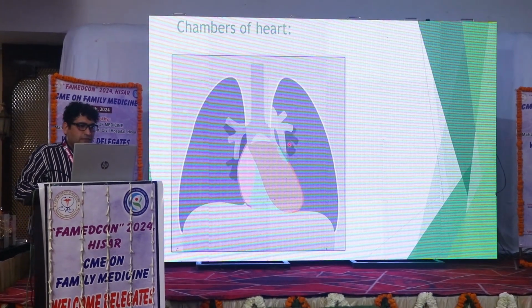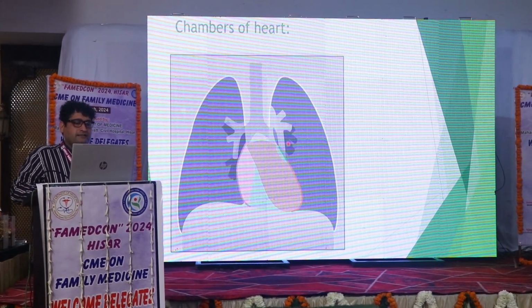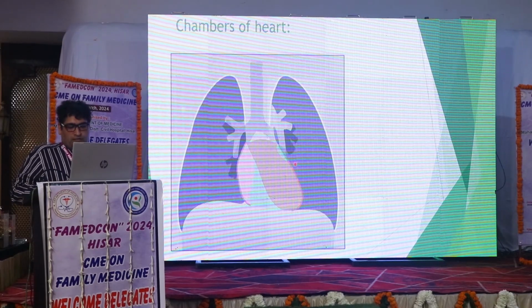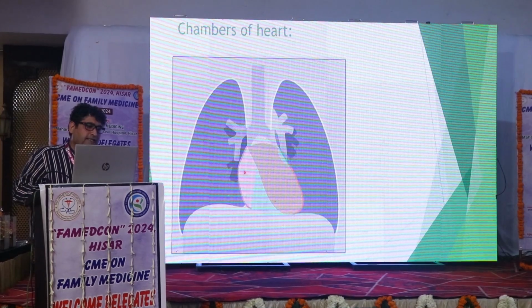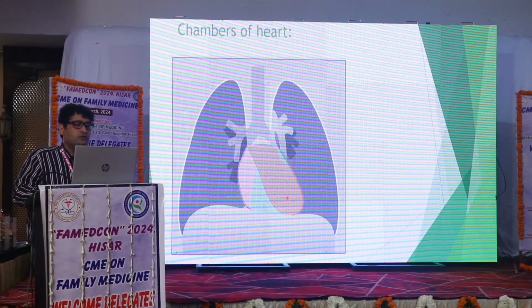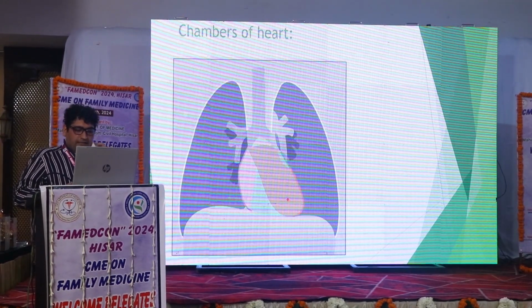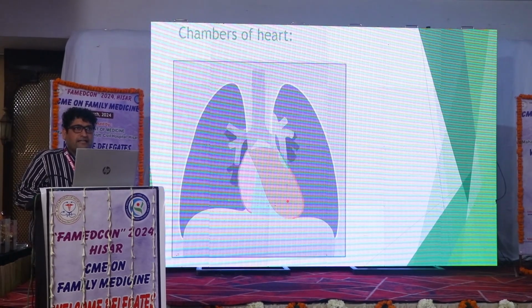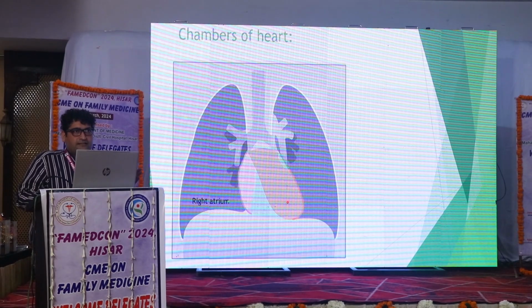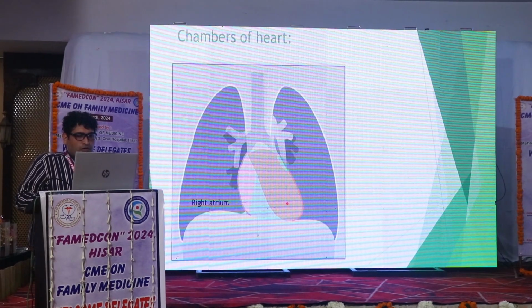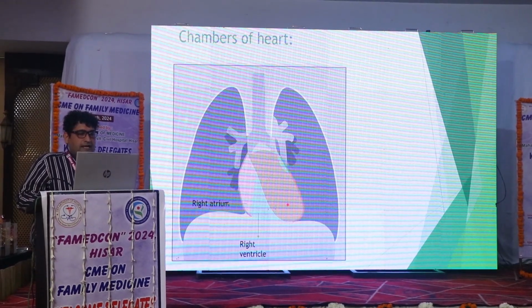Now coming to the chambers of the heart which are seen on X-ray. It is very important to understand. See, we usually think that the right side is right and the left side is left, that is true. But for all four chambers, they are not lying exactly as we have learned or imagined from our childhood. This right side is the right atrium. Below one is the right ventricle.